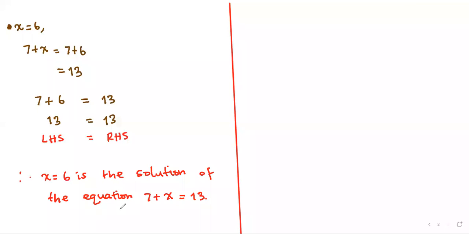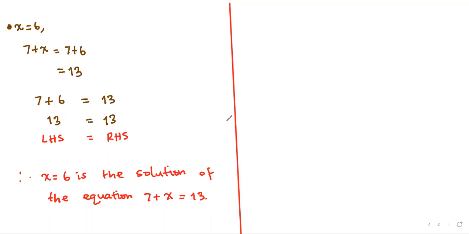Now, this is what we call the solution. The solution will be that number that you can replace the variable, which is x, with. You can also call x the unknown, something that you don't know. But any number that you come and write instead of x, and it makes the left-hand side equal to the right-hand side, that is what you call the solution.